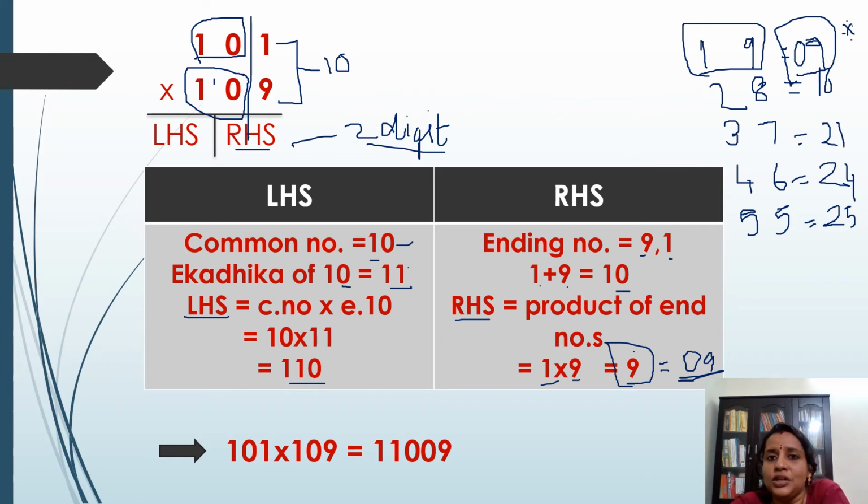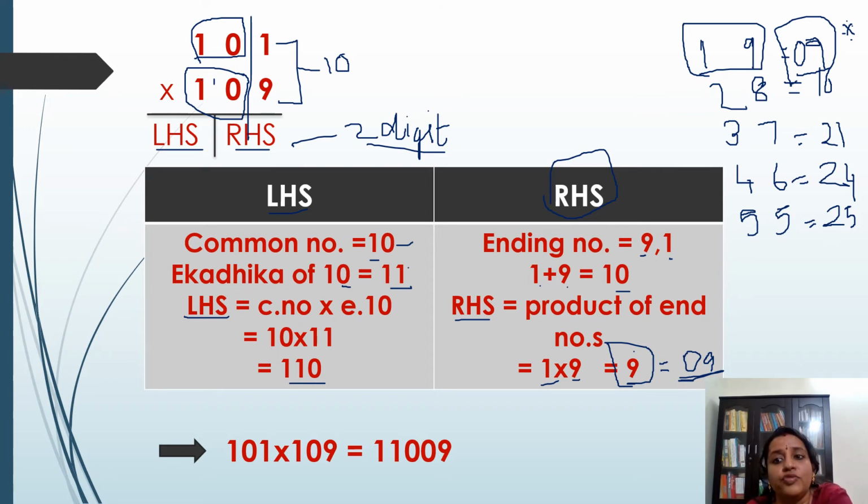Yes, a 0 before a number doesn't have value, so we can add 0 before that number. But RHS is the continuity of this LHS. The value of RHS is the continuity of the value of the LHS. So the place value of 0, which is in between some numbers, defines the value of that number, isn't it?